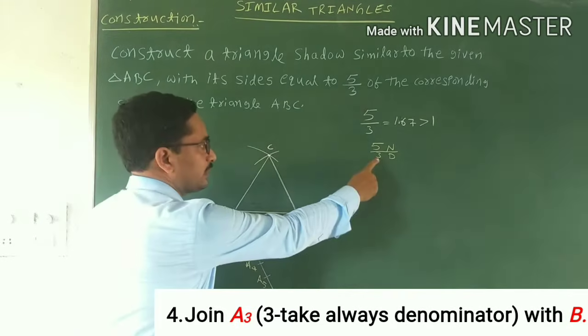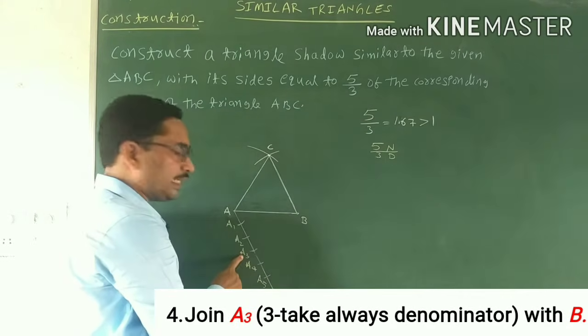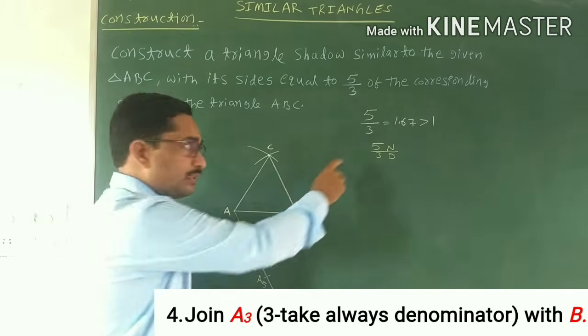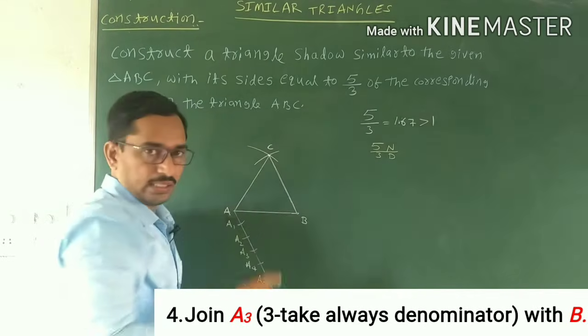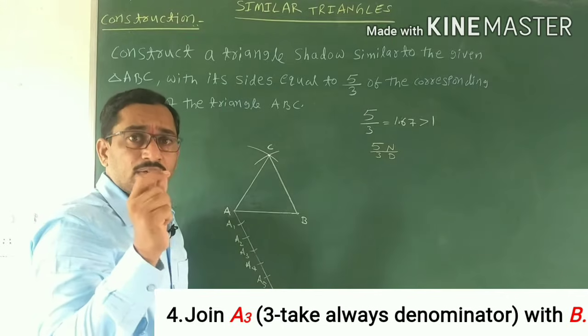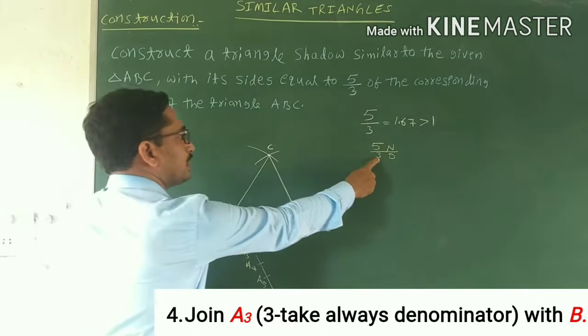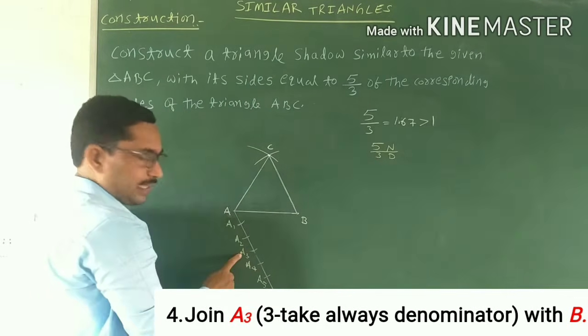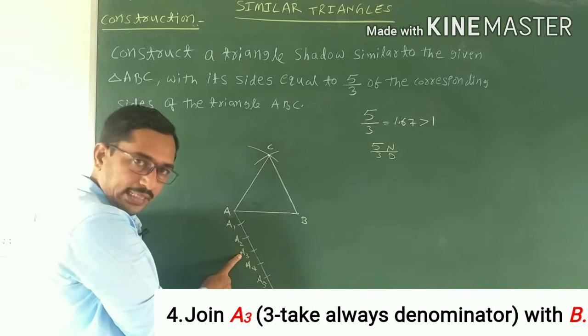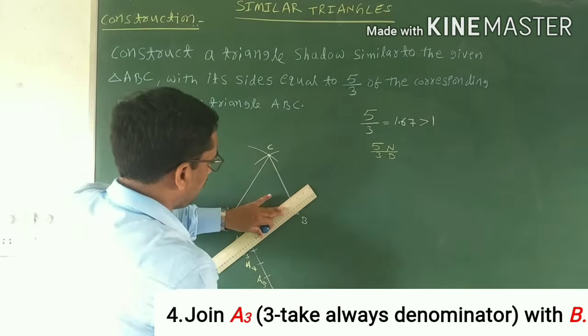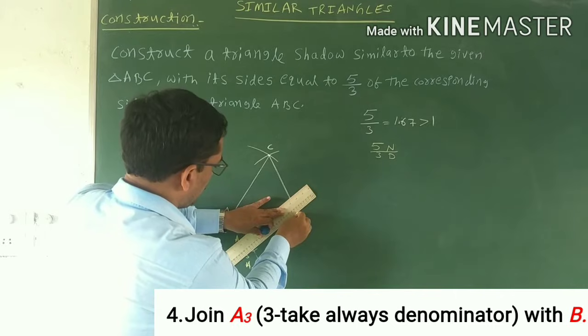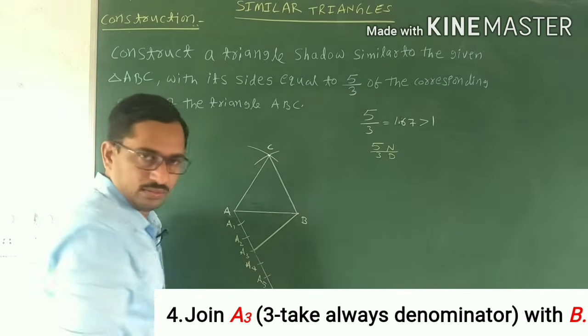The denominator here is 3, so I am taking A3. Always join the denominator point with B only. Here the point A3 I am joining with B. So remember this simple trick, it is useful for all problems.